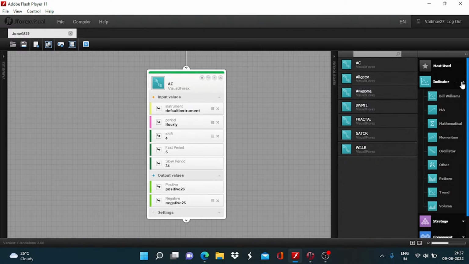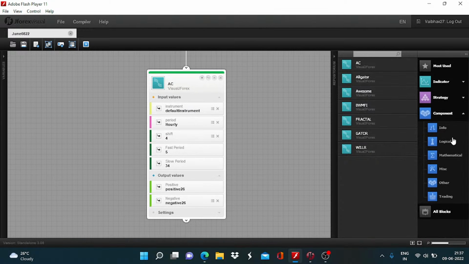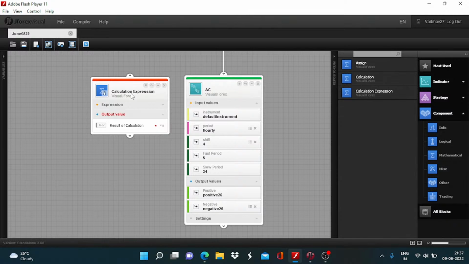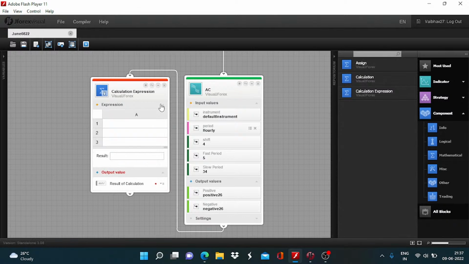We will also have to consider the actual difference. So for that, we are going to need a mathematical component of calculation expression to look at the actual difference between the closing price and the opening price of the last 1 hour.